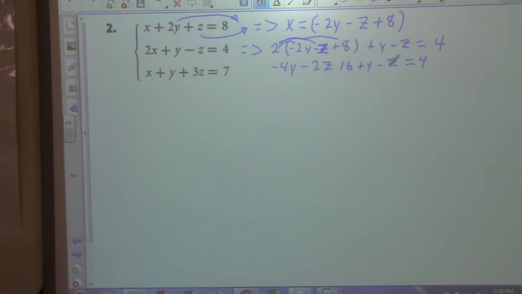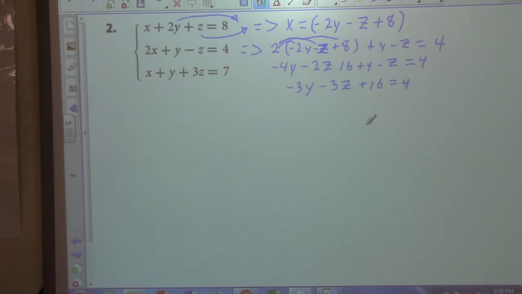So here we combine our like terms. Negative 4y plus y is negative 3y, and negative 2z minus z is minus 3z, and then we have 16 is equal to 4.